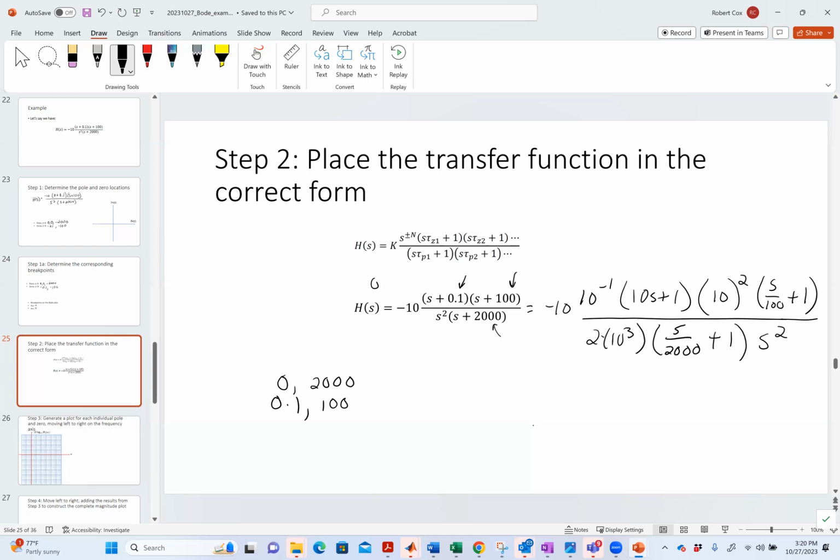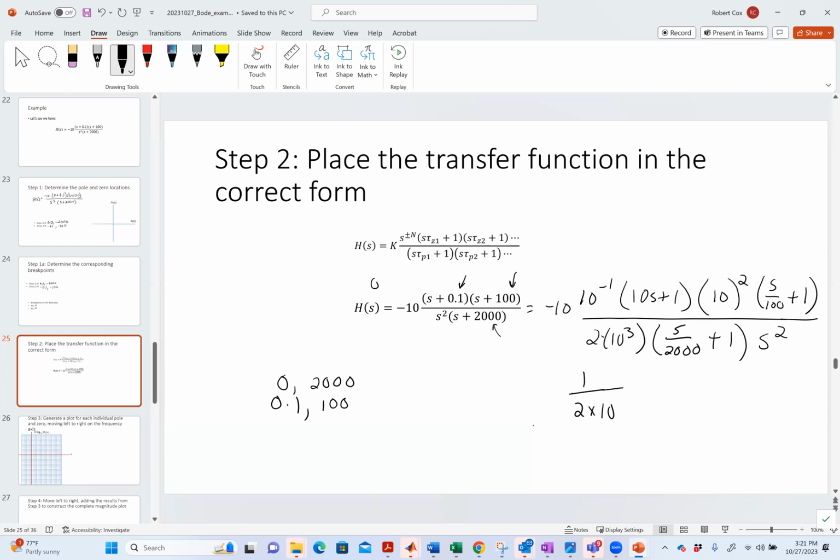All right, so I've got a k value clearly. How do I get that? I got 10 times 10 to the -1 times 10 squared divided by 10 to the third. I can just count up the exponents: 1 minus 1 is 0, plus 2 is 2, minus 3 is -1. So it would be 1 over 2 times 10.